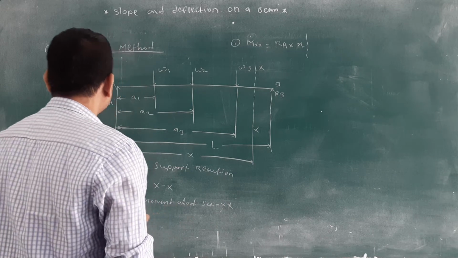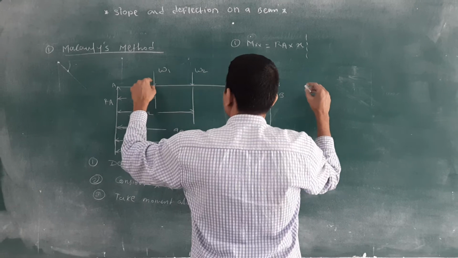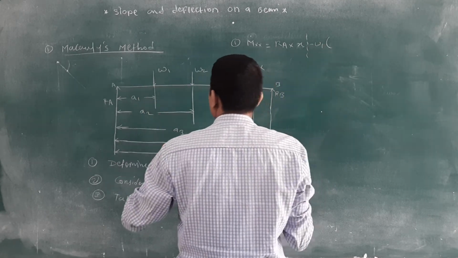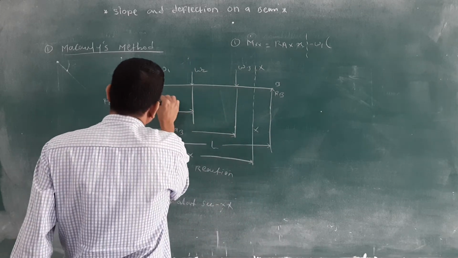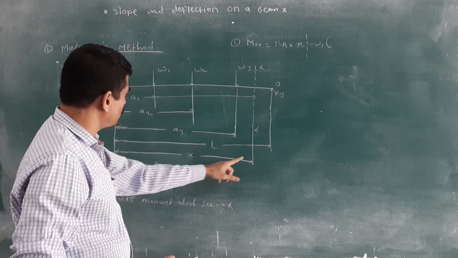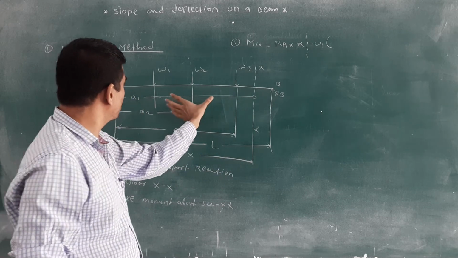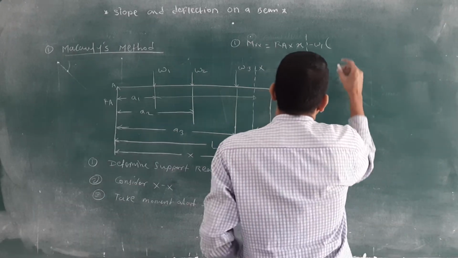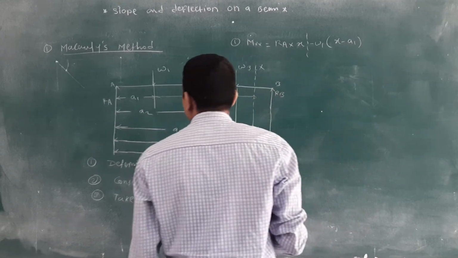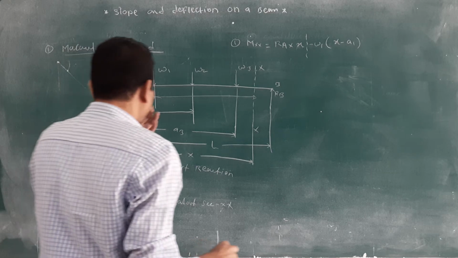RA into X minus W1, which is going anticlockwise. Minus W1 into, how to calculate this distance? Yes, anybody? Total distance up to the section XX: X minus A1. Then you will get W1 into X minus A1 as the moment about the section XX.